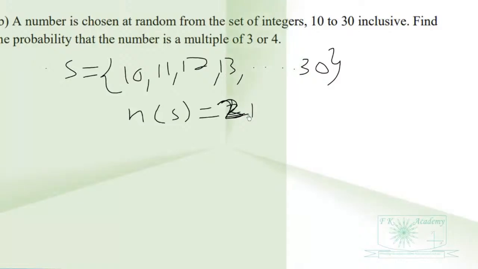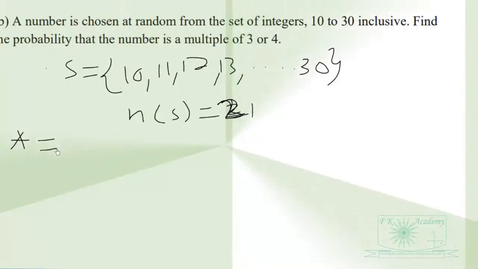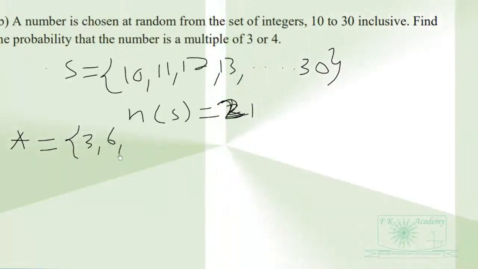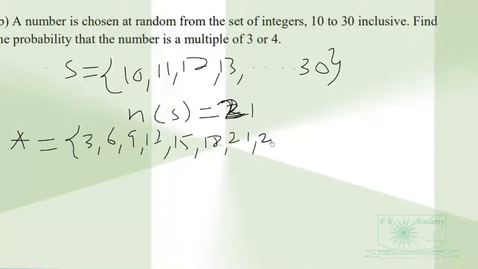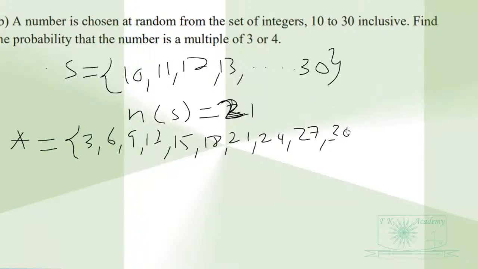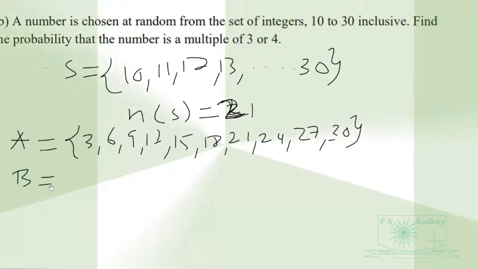So we were told that we have to find the probability that the number is a multiple of 3 or 4. So let event A be multiples of 3. So event A will have elements 3, 6, 9, 12, 15, 18, 21, 24, 27, and 30. Event B will be the multiples of 4.